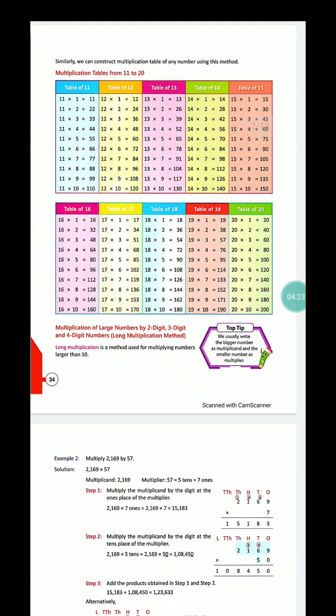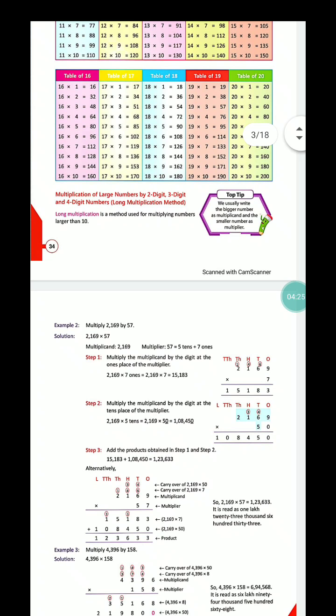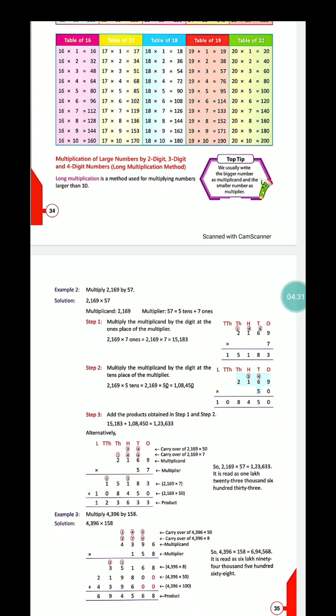Now, multiplication of larger numbers by 2-digit, 3-digit, 4-digit numbers, long multiplication. So what is long multiplication? Long multiplication is a method used for multiplying numbers larger than tens.